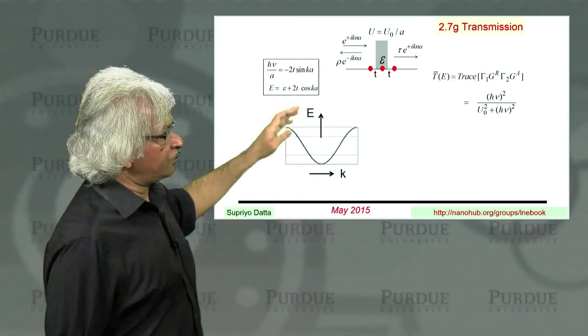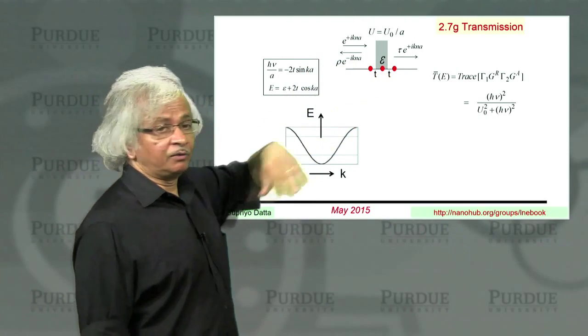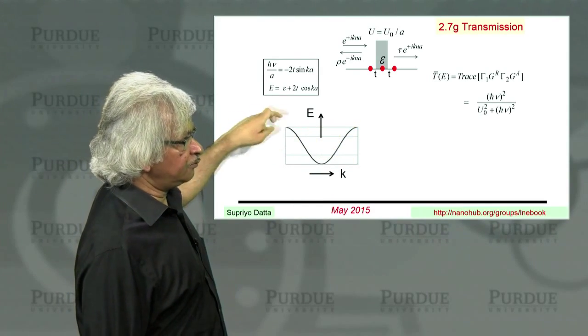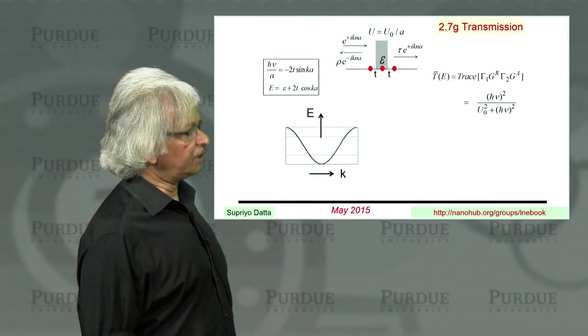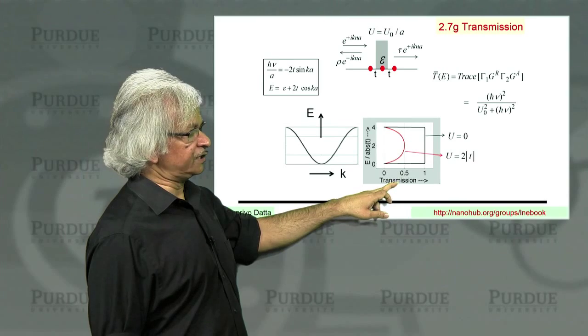Now, if you plot this out, it's like you have this one-dimensional wire. What we had seen in Unit 1 is the E-k relation, which was obtained by assuming periodic boundary conditions. And what we have now calculated is the transmission as a function of energy.